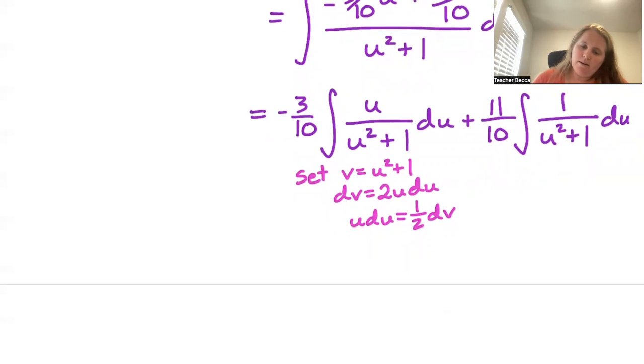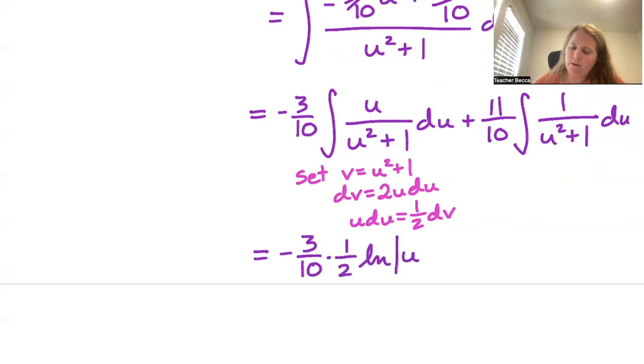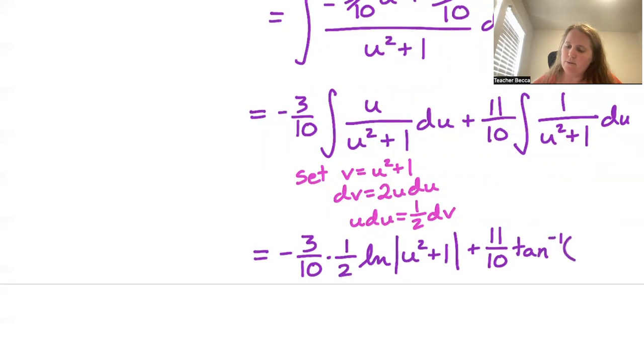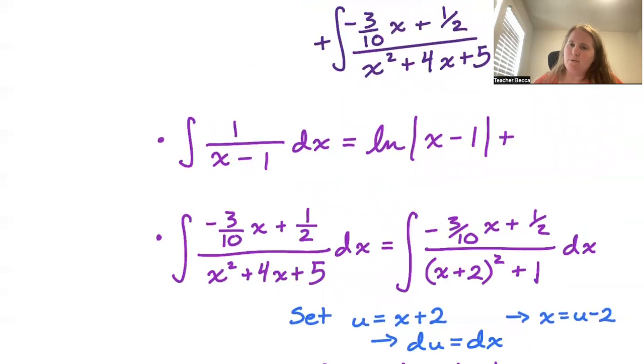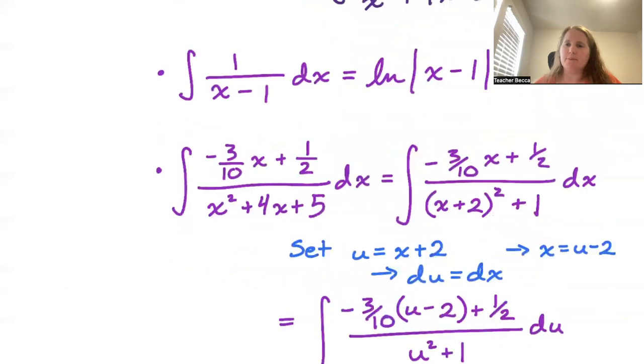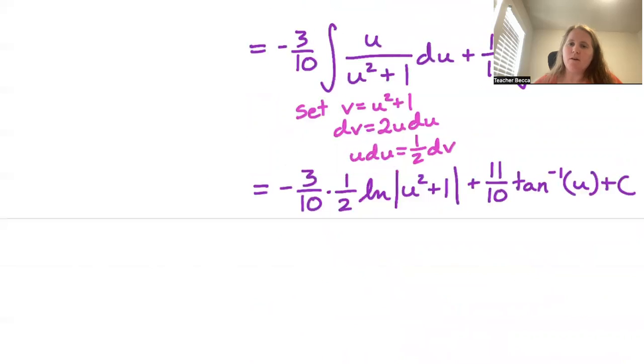We wind up getting that first integral is -3/10 times 1/2 times the natural log of the absolute value of u squared plus 1. And that second integral, we have plus 11/10 times tan inverse of u, and then plus c. I realized I forgot a plus c earlier for my natural log of x minus 1, then plus c.